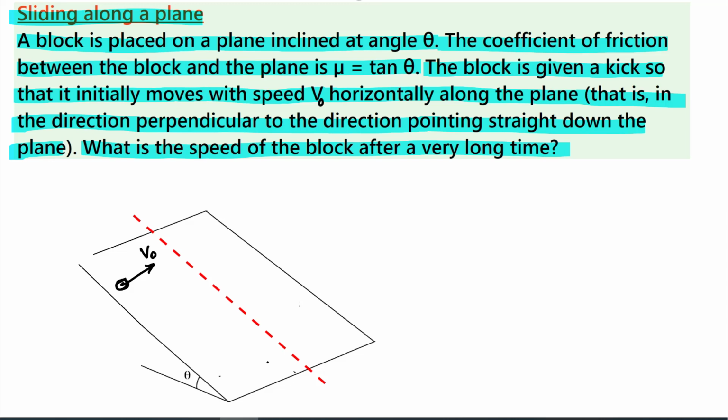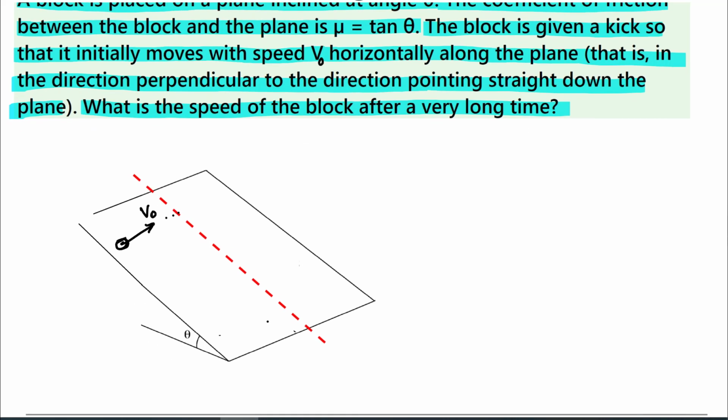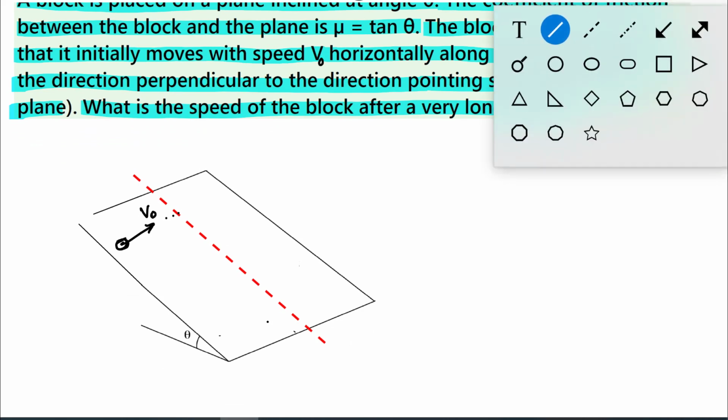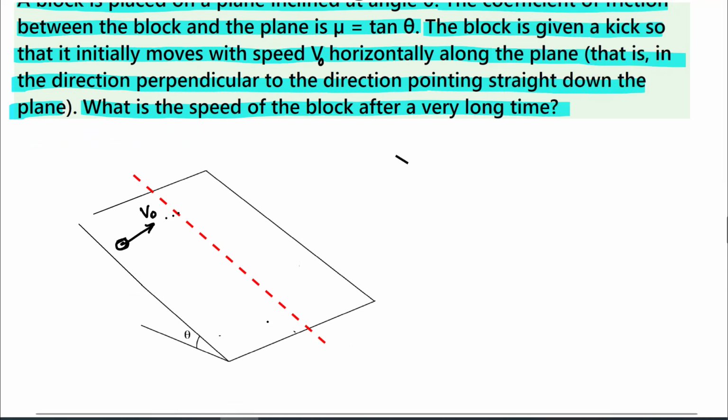Now the question asks, what is the speed of the block after a very long time period? Let us first try to find out what will happen to this block. It will move in this direction, but how will its trajectory look? Let's see what forces are acting on it.